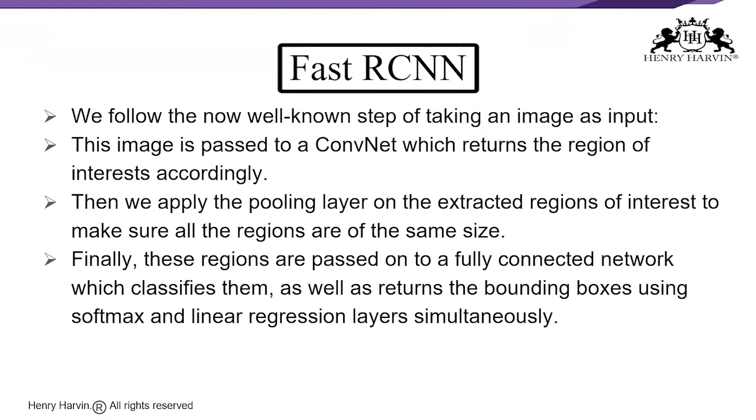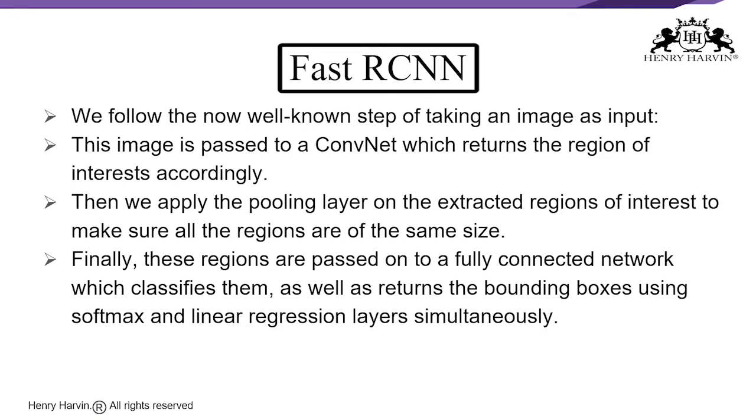So we follow the now well-known step of taking an image as input, and the input is passed to the ConvNet, which returns the regions of interest accordingly. Then we apply the pooling layer to the extracted regions to make sure all the regions are of the same size. Then it is passed to the fully connected network.